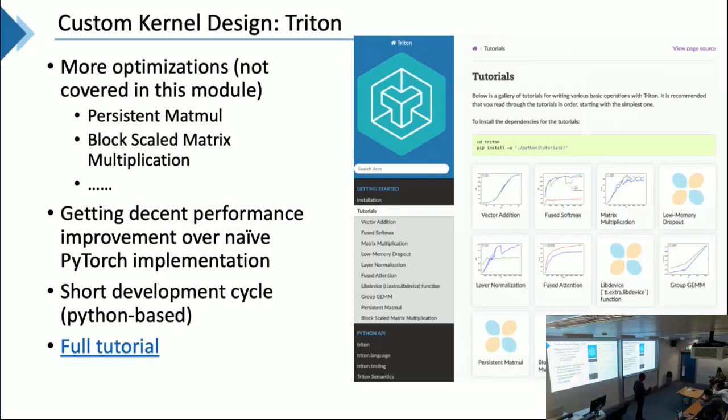Feel free to go over different examples, for example the vector addition, fused softmax, and matrix multiplication, which we already covered. They also have different optimizations, like layer normalization and fused attention. As you can see, Triton actually lowers the programming difficulty, and you can still get decent performance. This is the key I want to convey.